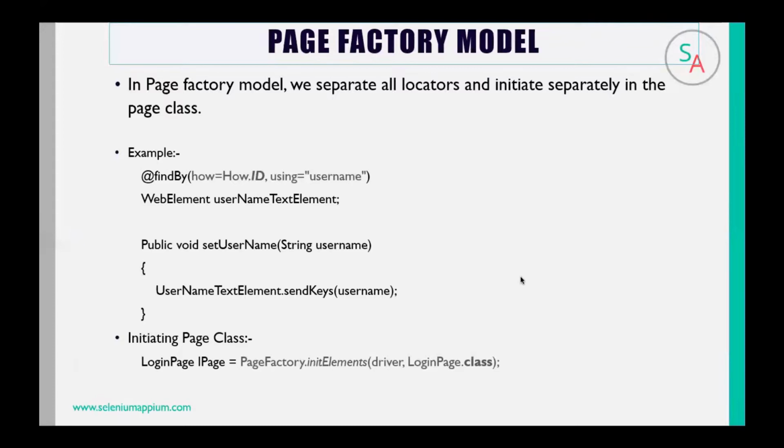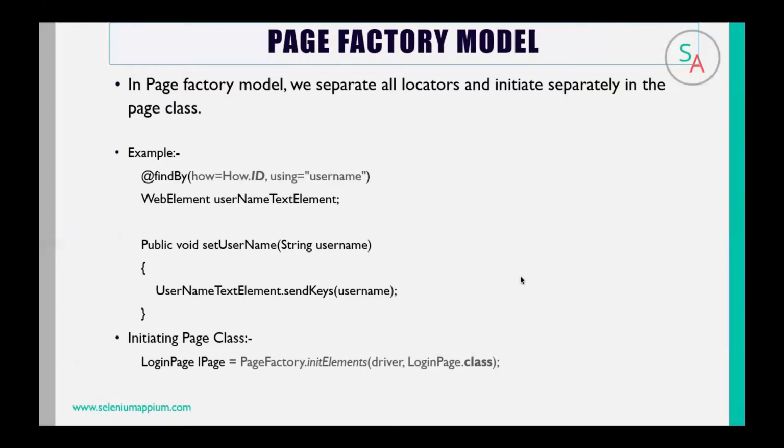Once the web element is defined, you can make use of this web element in any action method. For example, in the below, you can see there is a method set username. In this method, I use the web element, that is username text element, and I'm performing the action dot send keys. You can perform any action on the web element.